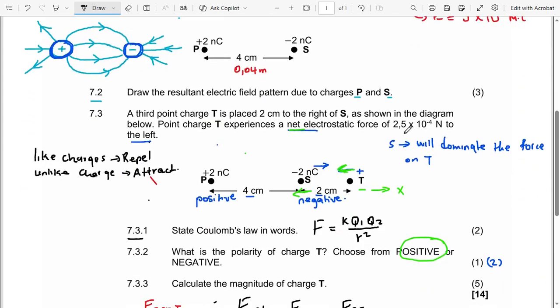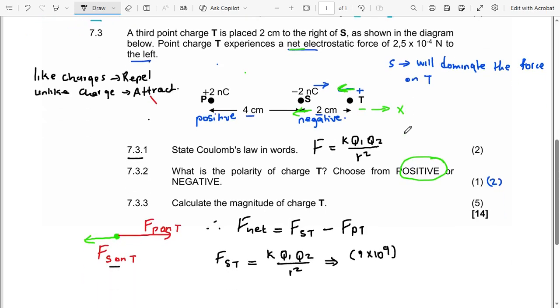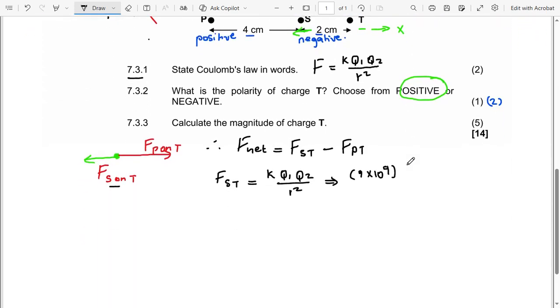Let me just rewrite my equation so that you can look at this.